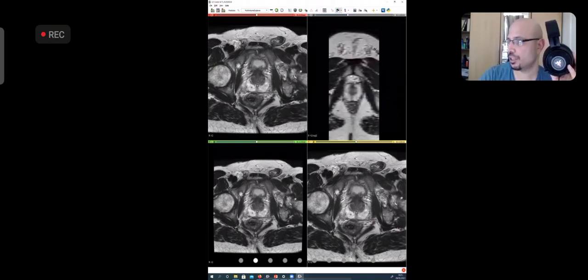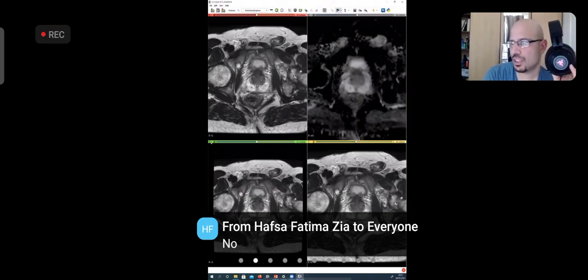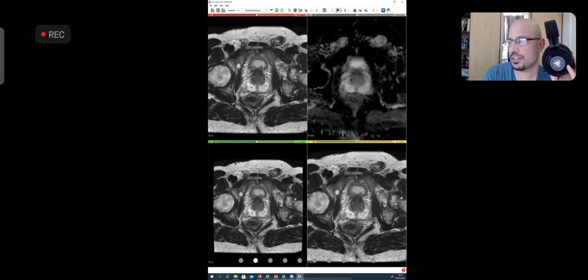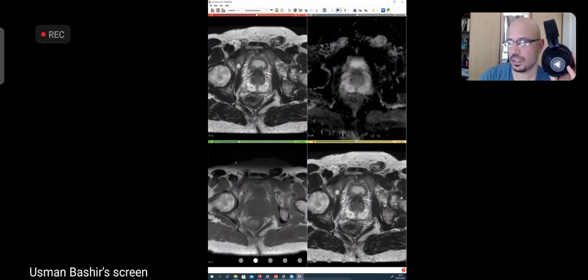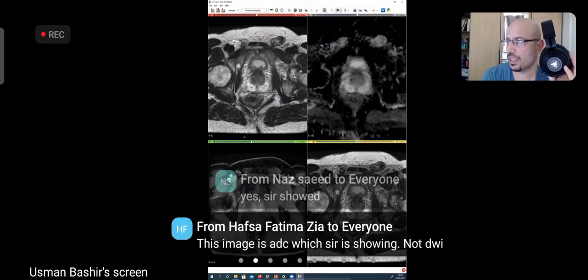Okay. And just to answer any questions that people might be wondering about, I'll also display some of the dynamic contrast sequence. There we go. Okay, so this actually requires experience.